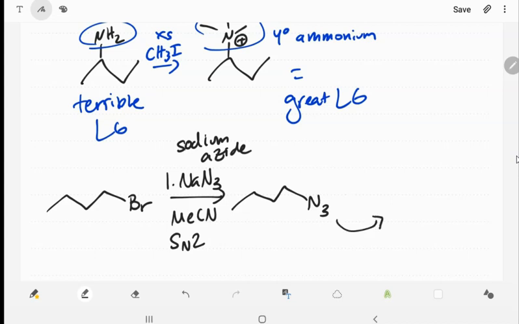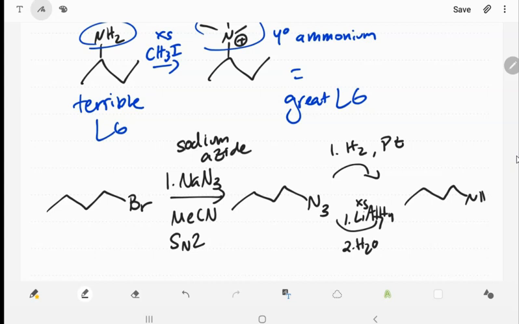We have two options. Hydrogenate it, or do the same thing as before, reduce it. We can make an amine. By SN2, we can make a primary amine this way. Works fine. You can make a secondary amine. Tertiary amine, probably not.